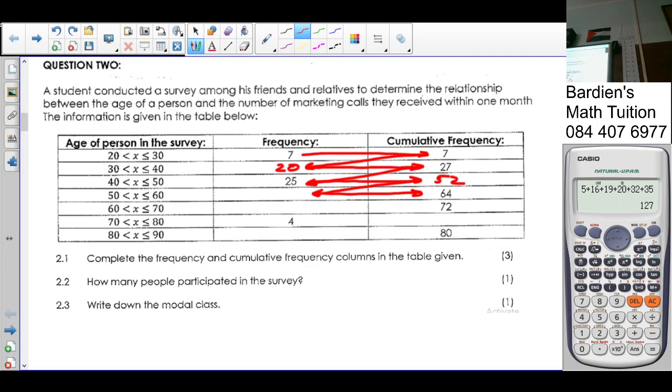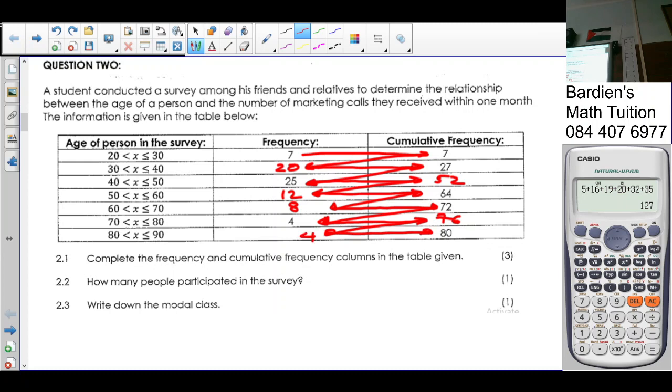64 minus 52 is 12. Then 64, sorry, plus a number is 72. What's the number? 8. 72 plus 4 is what? 76. 76 plus a number is 80.